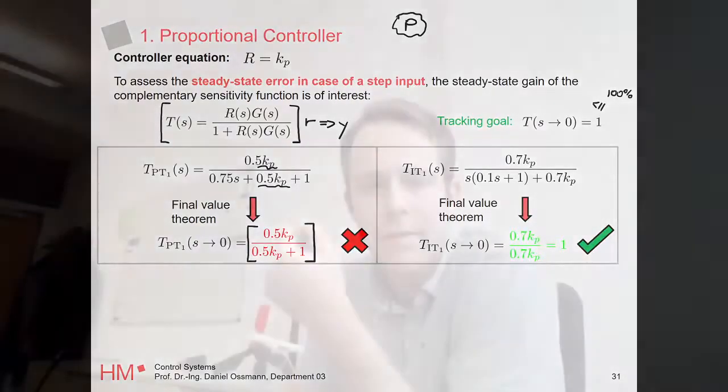And this is actually always true for an integrating system. If you have an integrating system and you only use a proportional controller, you will have perfect reference tracking. You will always get at the output what you want at the input. It works for integrating systems. It does not work for proportional systems.